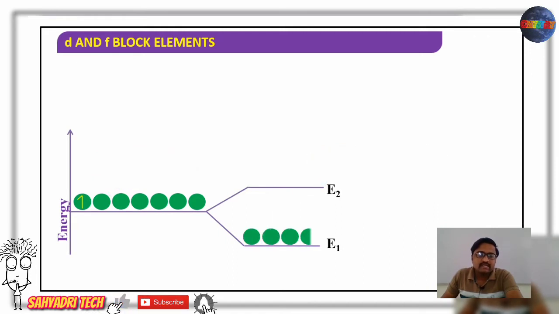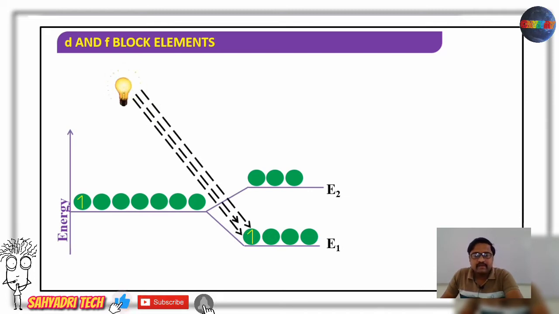E1 contains 4 orbitals with unpaired electrons and E2 contains 3 orbitals. Whenever energy approaches, electrons from the lower energy level go to the higher energy level.